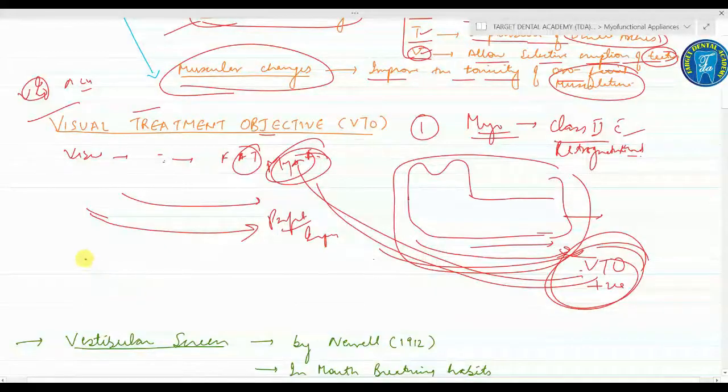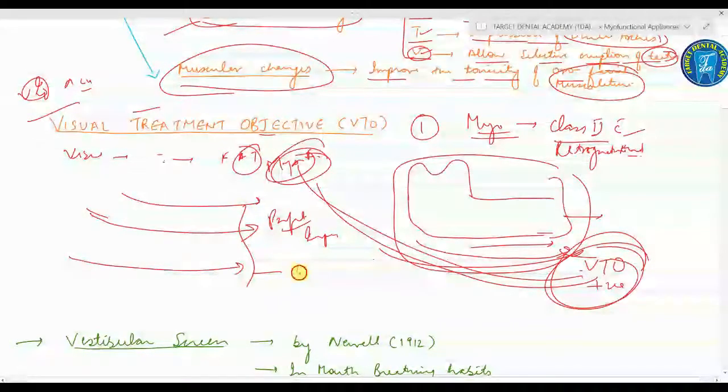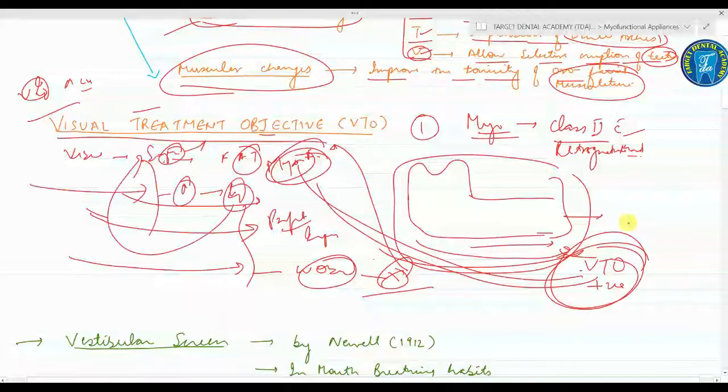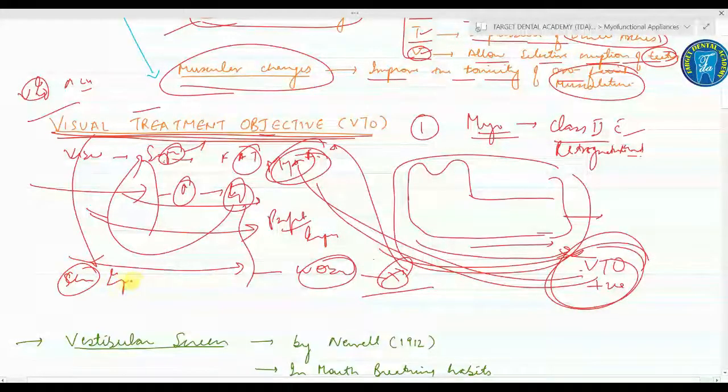If when the patient brings his mandible in a forward direction the profile worsens, then we are not supposed to give the myofunctional or the functional appliances. In that case we have to opt for another treatment modality. So the basic use of the VTO is just to check the improvement in the profile when the patient brings his mandible in a forward direction.